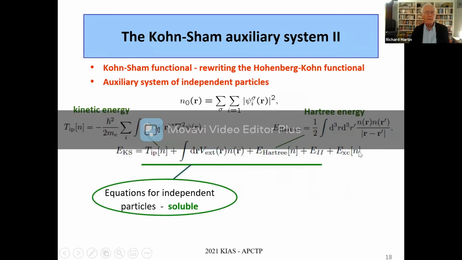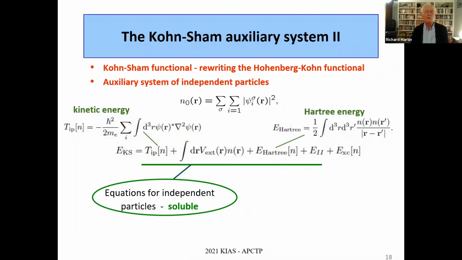So everything above the green line involves the auxiliary system in a simple way, and it basically leads to a soluble problem.